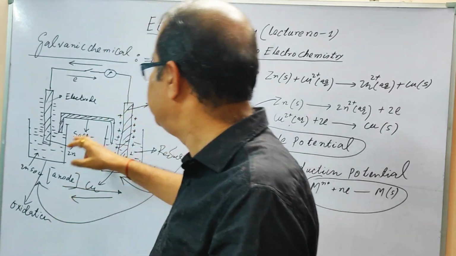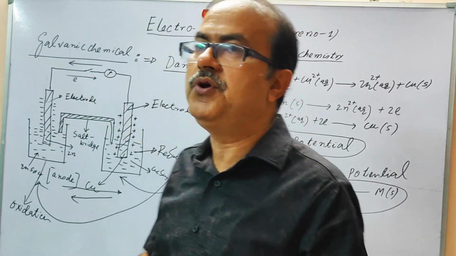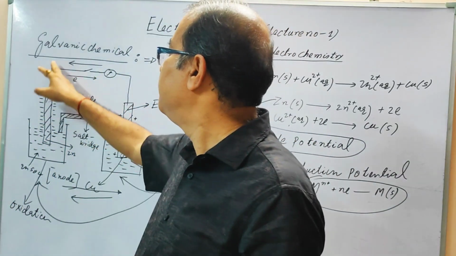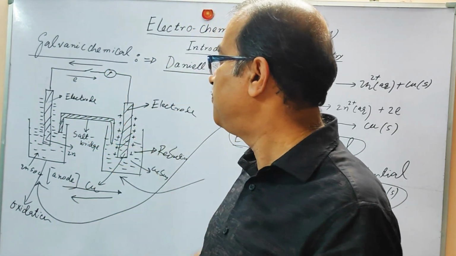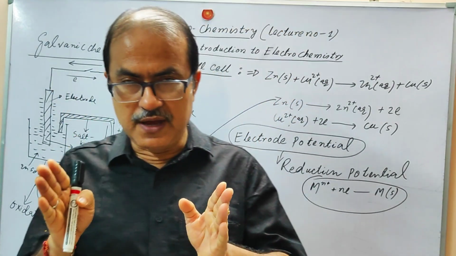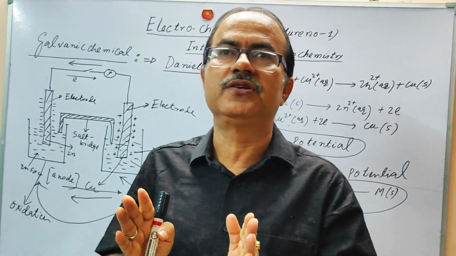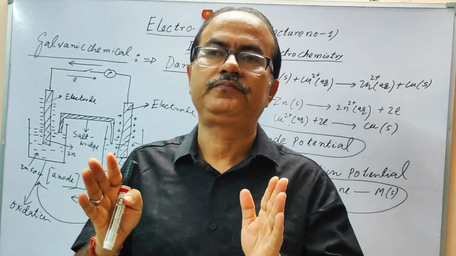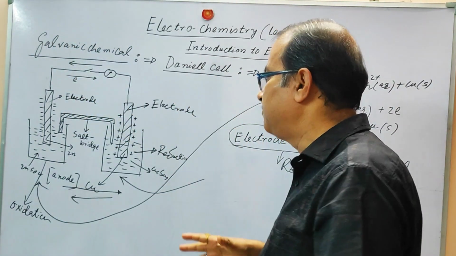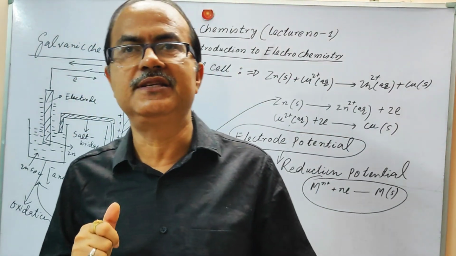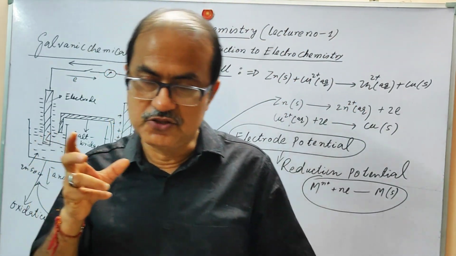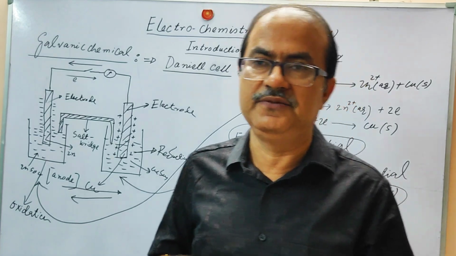When it is connected with the salt bridge and we complete the circuit, switching on this metallic arrangement, the current is going to flow from here. This is the electrochemical cell, and this is the function of the Daniell cell, the galvanic cell, and how the chemical energy is transformed into electrical energy.